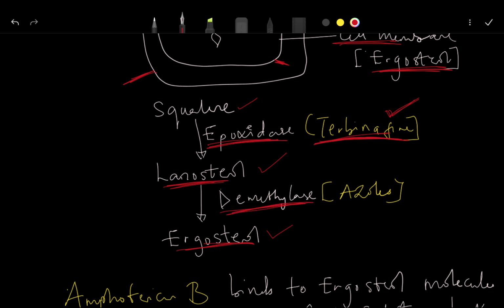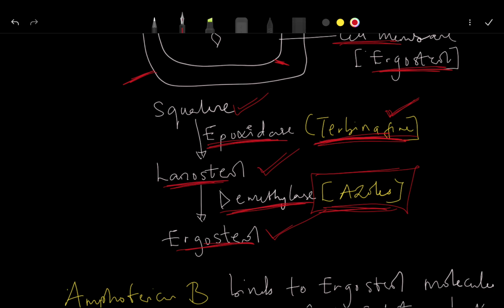Demethylase is inhibited by azoles. So from squalene to lanosterol to ergosterol, epoxidase is inhibited by terbinafine, demethylase is inhibited by azoles.